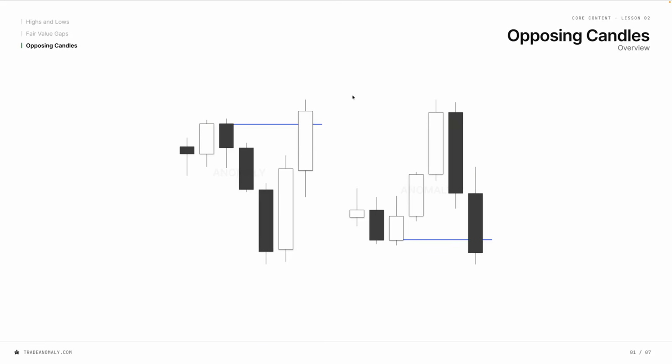Now let's talk about how to actually trade away from these key levels. And that's how we're going to use confirmations through opposing candles. This is what is called a change in state of delivery. It's essentially the last set of opposing candles that trades into a key level when they get closed through.